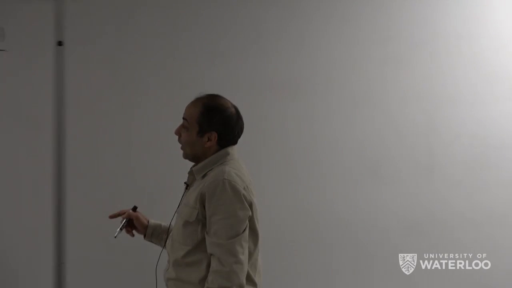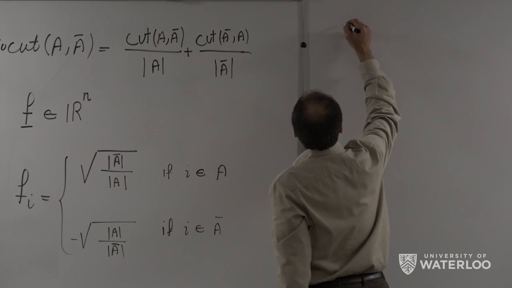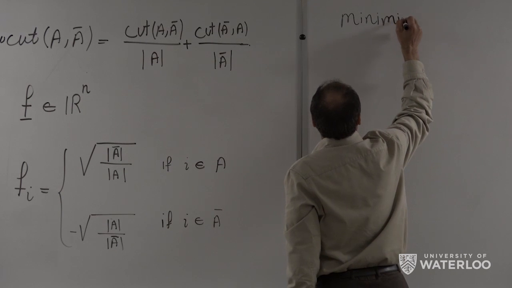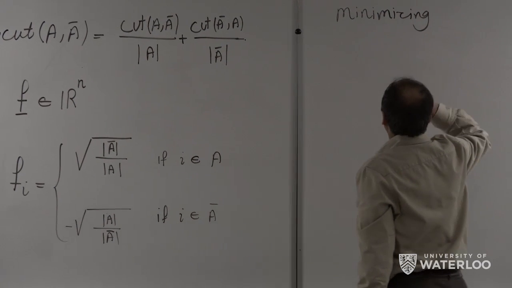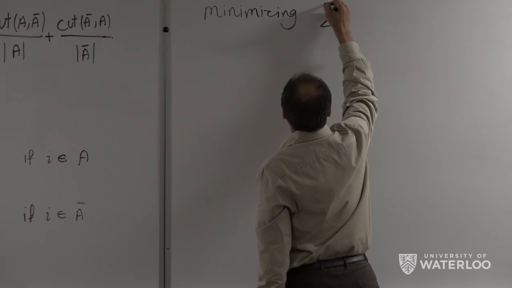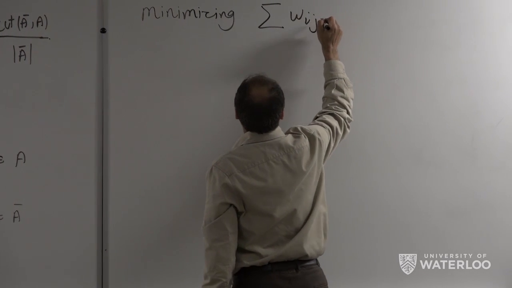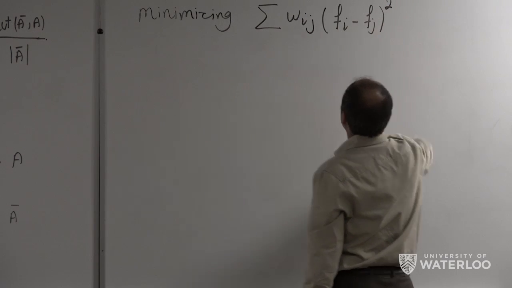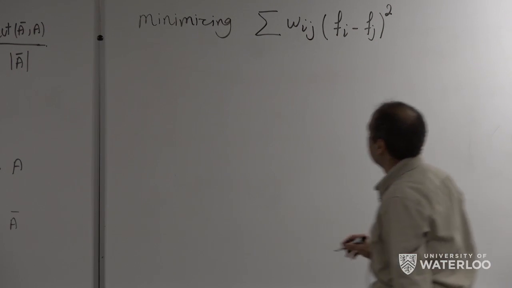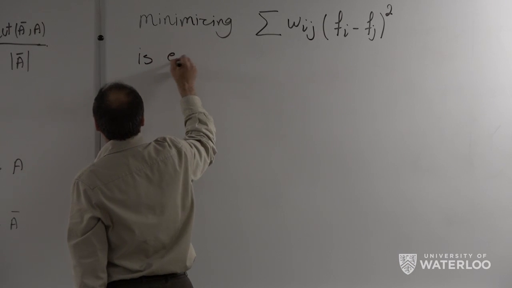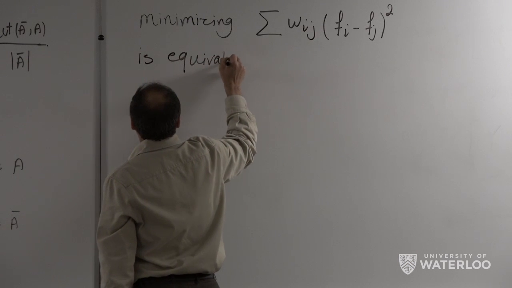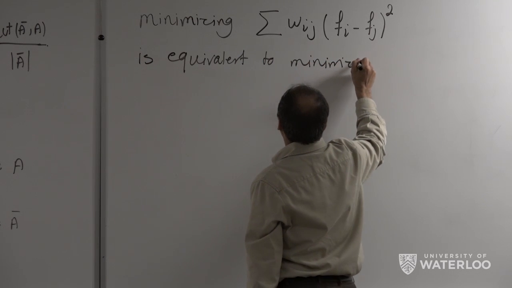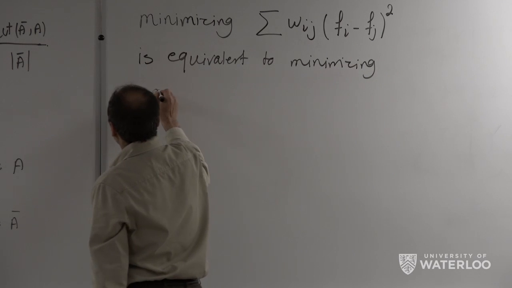Now I claim that minimizing the sum of w_ij (f_i minus f_j) squared is equivalent to minimizing ratio cut.